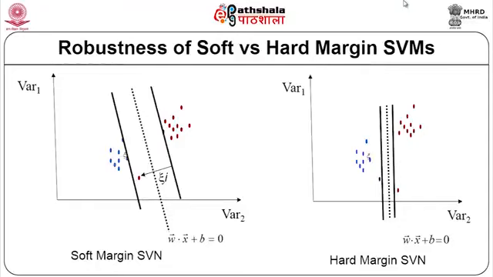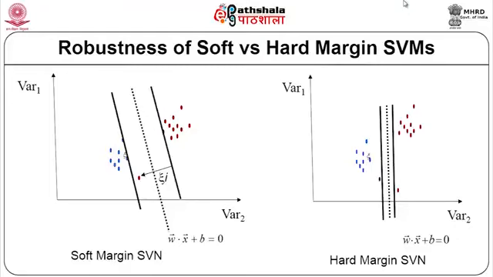Now, if you look at this particular example on the left hand side, you have variable 1 and variable 2, and you have the actual hyperplane separating it as W x bar plus B equal to 0, and you have the margin, but you also have an eta 1 that you can see: the red spot has come on the other side of the margin. By putting the eta 1 you are allowing that, that is the soft margin SVM.